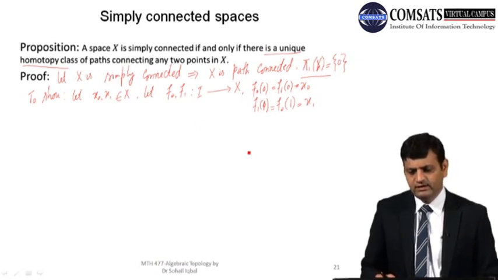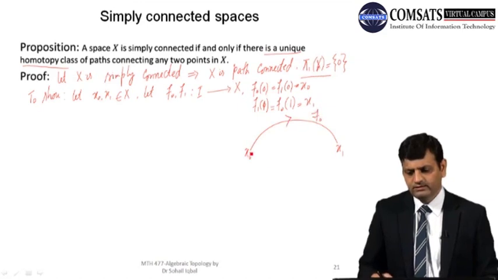Now let's see, this is the point x0 and this is the point x1. So this is the path f0 and this is the path f1. Also I can construct the path f0 prime, and similarly I can construct the path f1 prime.